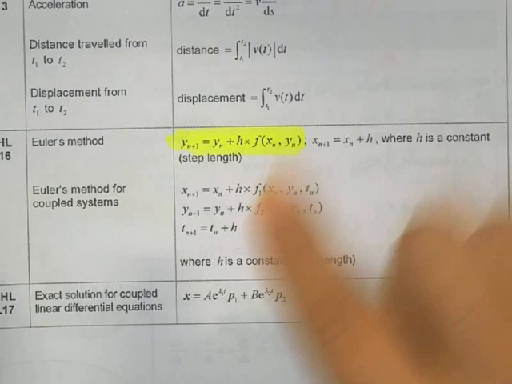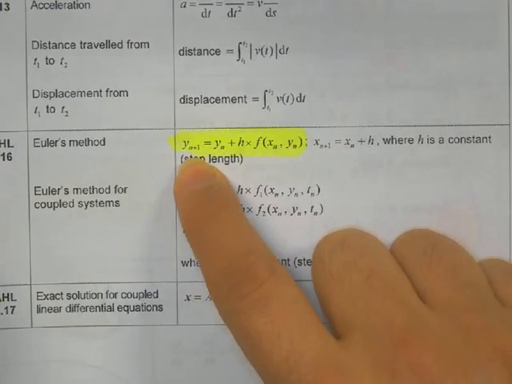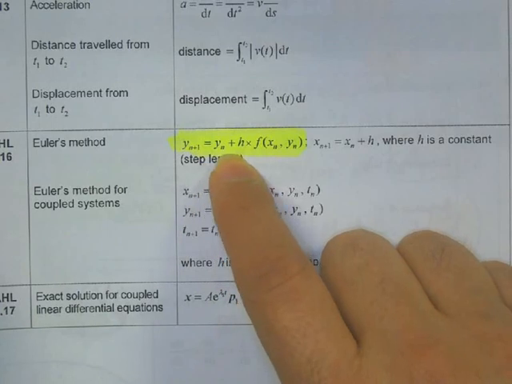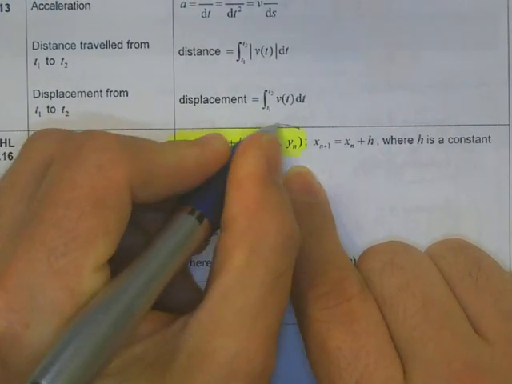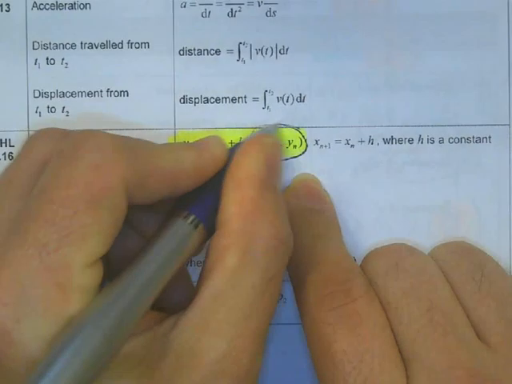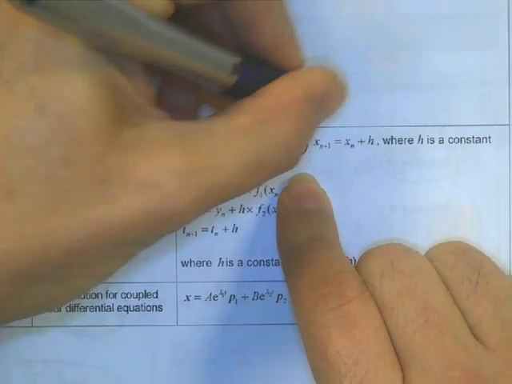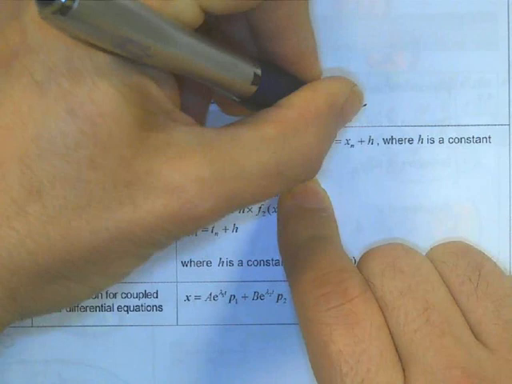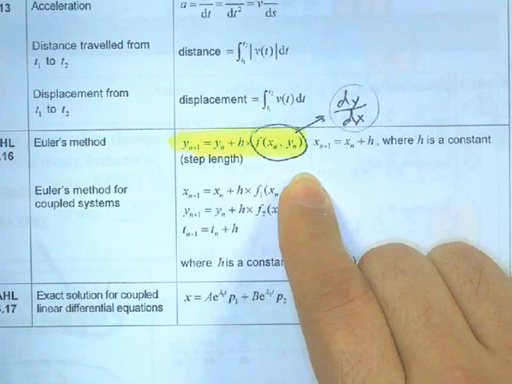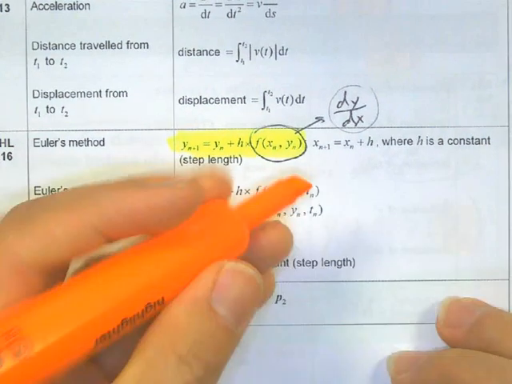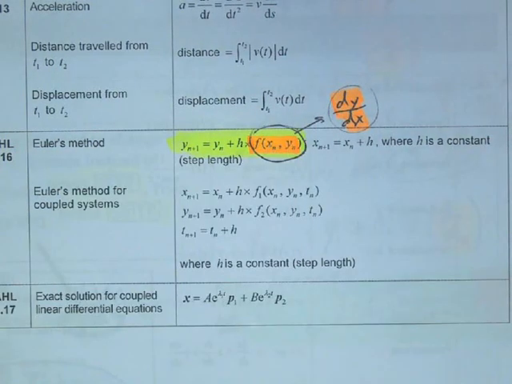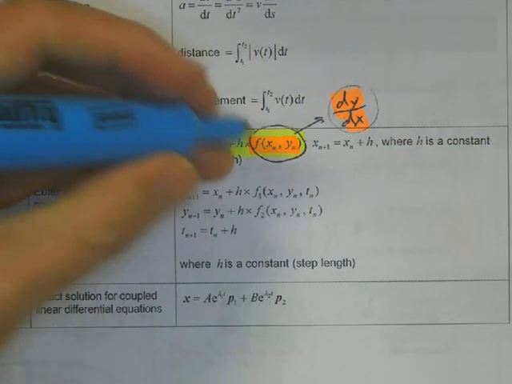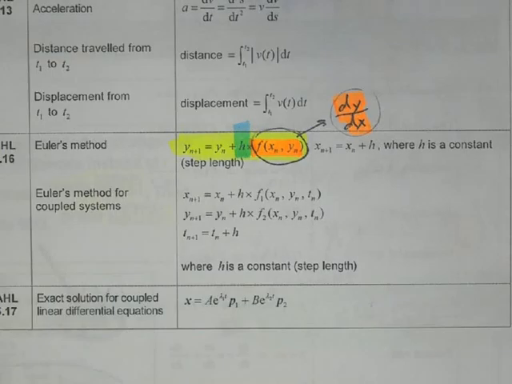The Euler formula is y sub n plus 1 equals y sub n plus h times this, and this is just a fancy way of writing the derivative dy dx. I've been highlighting that in orange, so I'm going to continue highlighting that in orange, and this h in blue.